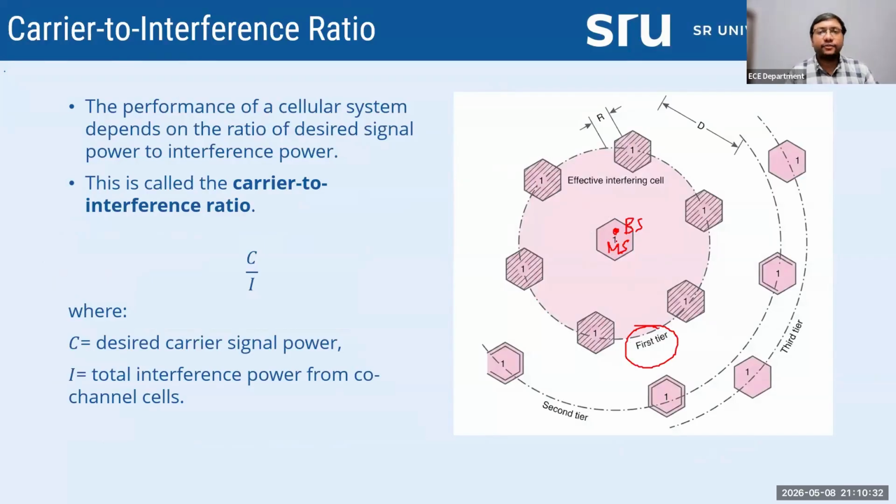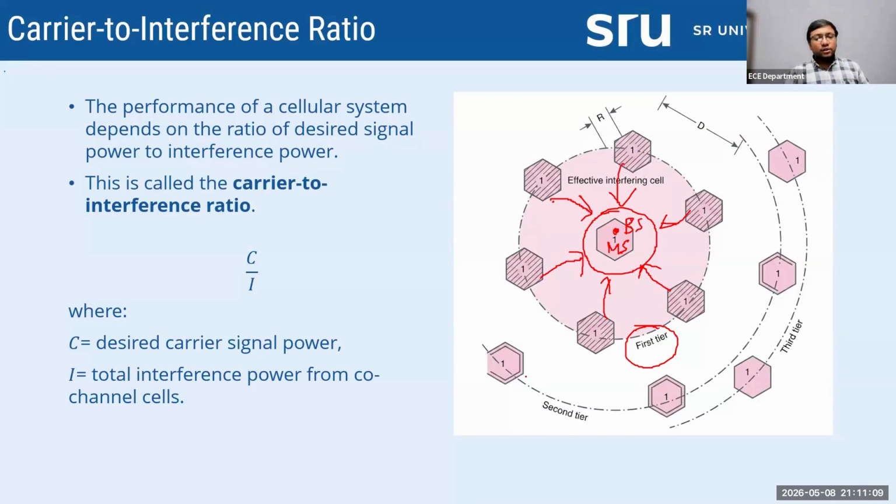And when any probable interference is likely to happen, it might happen more significantly due to these cells. Because when this mobile station is communicating with this base station in this cell, the same frequency can affect it as interference from these cells. These are the cells that use the same set of frequencies as the central cell.